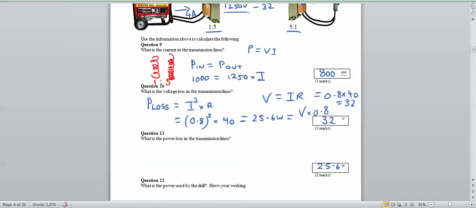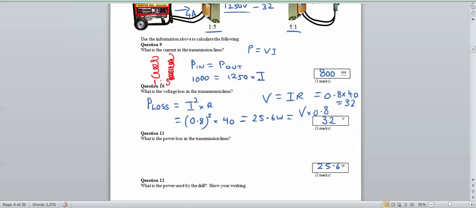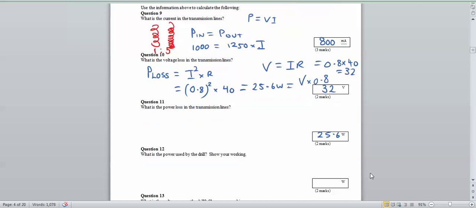So we've got 1,000 watts, and there's a power loss of 25.6. So it's 1,000 take away 25.6, which is 974.4 watts.